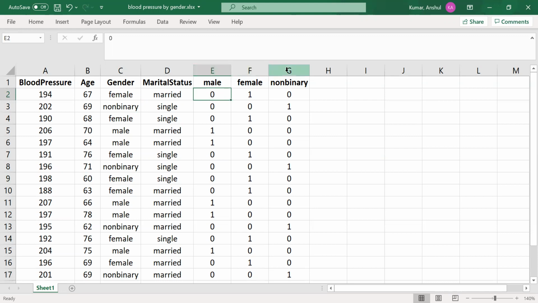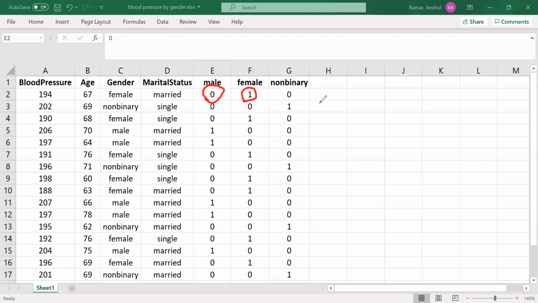Okay, so now we'll talk about one other quick detail before we move on to running a regression analysis on this data in R. And that additional detail is, you might remember that when we were trying to figure out the gender of the person in the first row of data, meaning row number 2 of the spreadsheet, right here, we went through male, female.